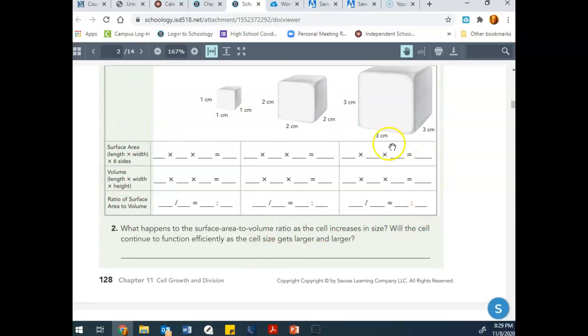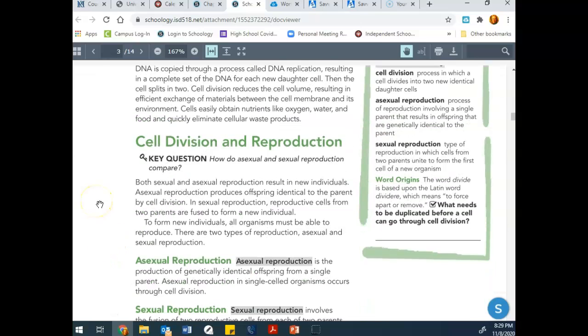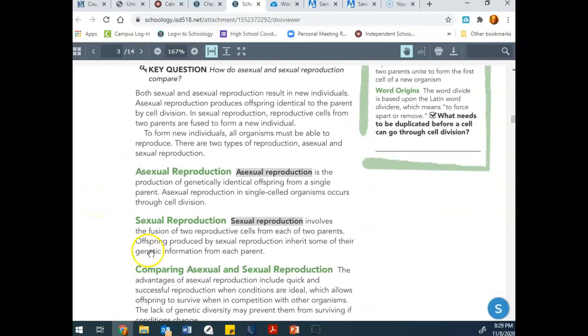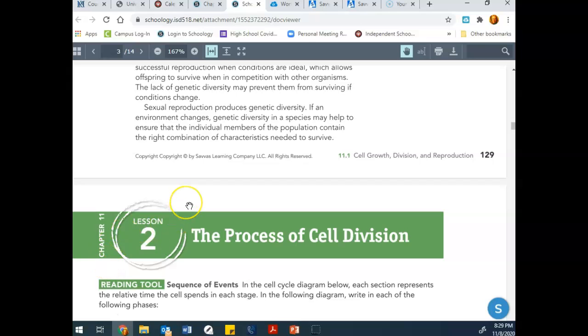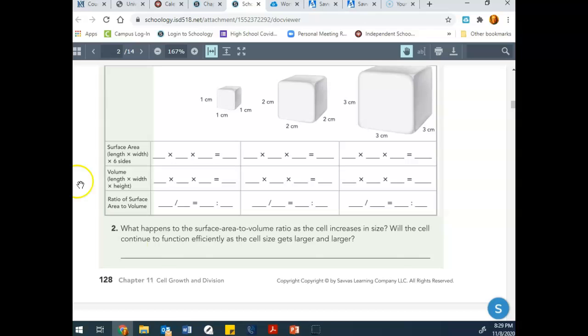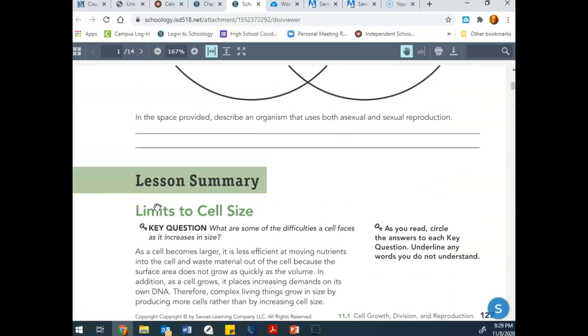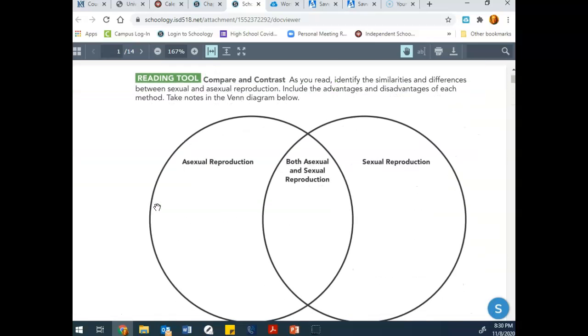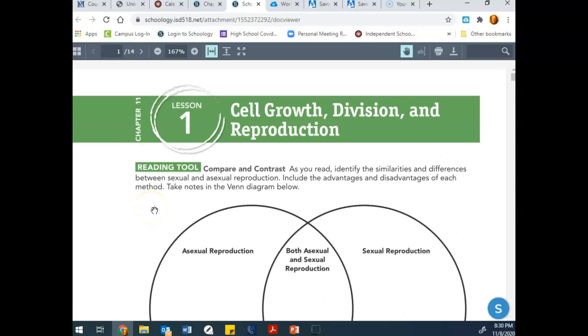Your book has all the math done that you can just copy into there for that. Okay, talks about asexual and sexual reproduction, and that's the end of the lesson. So for today, you're just going to kind of review the math of how we do this surface area and volume thing, and you can copy it directly out of the textbook, and then you have to fill in this Venn diagram, and that's it. We will do lesson 2 later this week, and you may cross out lesson 3 and 4.